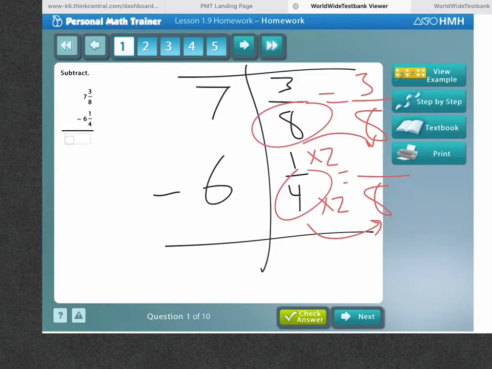So you can see that eighths and fourths, 4 times 1 is 4, 4 times 2 is 8, so 8 is a multiple of both 8 and 4, so we're going to convert them both into eighths. So multiplying 4 times 2 gives you 8, and 1 times 2 gives you 2. So we're going to subtract 3/8 minus 2/8, and that's going to end up with 1/8. And then 7 wholes minus 6 wholes will be 1 whole. So the answer is going to be 1 1/8.